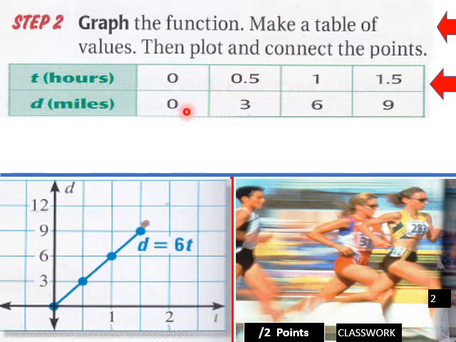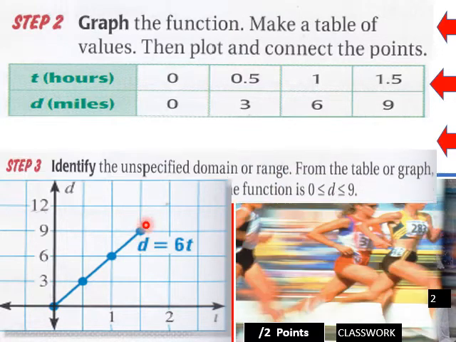We have 0, 0.5, 1, and then 1.5 as our inputs here. For 1.5, we would have this output here, which is 9.